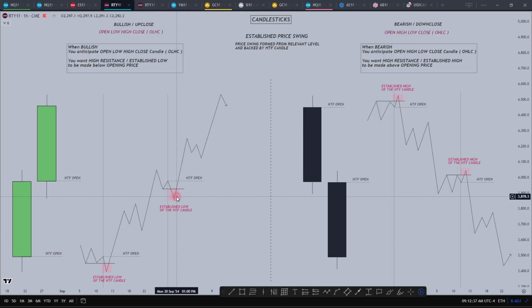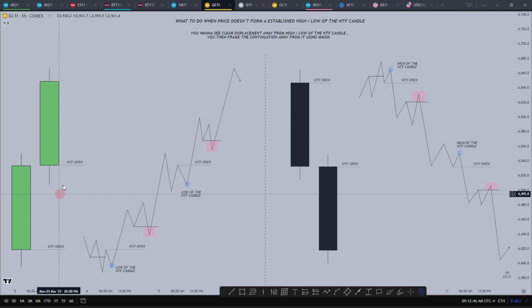Established low of the candle, established high of the candle. But what to do when price doesn't form, or doesn't look like, an established high to you? I still do participate. How do I participate? I will teach it later, but just for the sake of the schematic, I am showing you here.